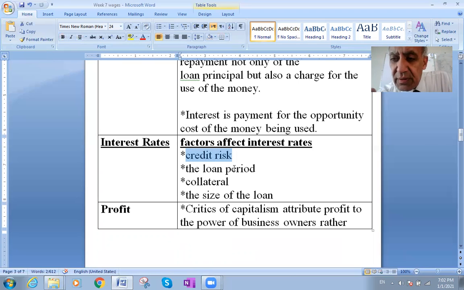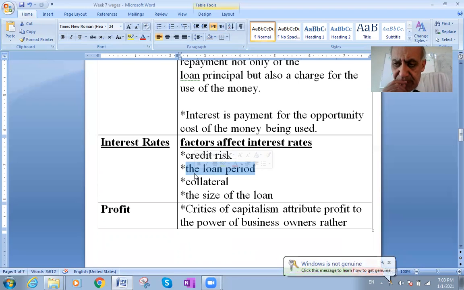The more you invest in risky things, the higher the interest rates you will ask. Okay? The more risky, the higher the interest rates. The loan period: if you take money from me for 1 year, you will pay only 5%.